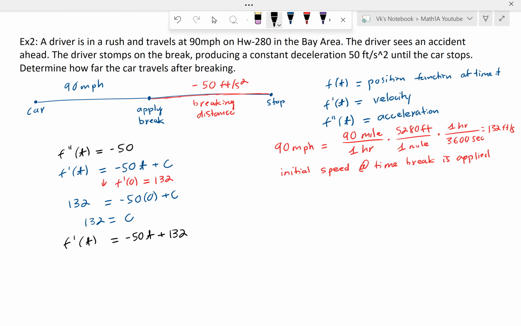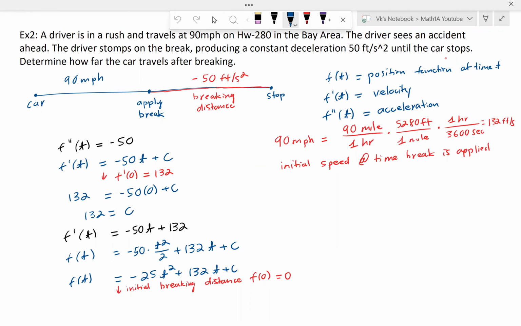Next step is we're going to figure out the position of the car. Position is the antiderivative of the first derivative, which is negative 50 times t squared over 2 plus 132 t plus c, or negative 25 t squared plus 132 t plus c.